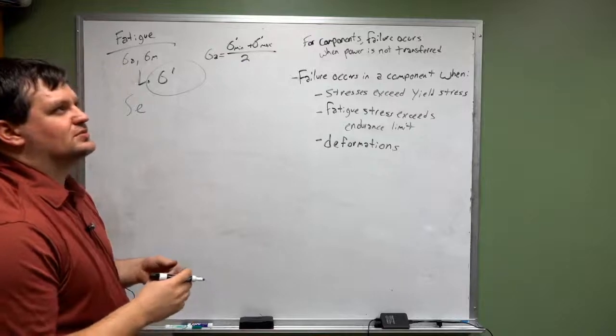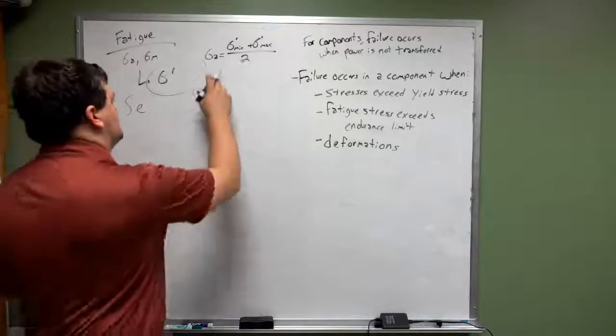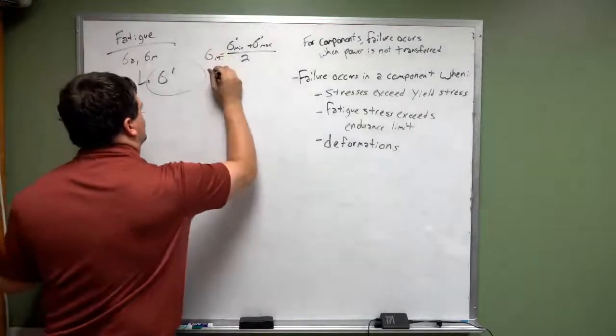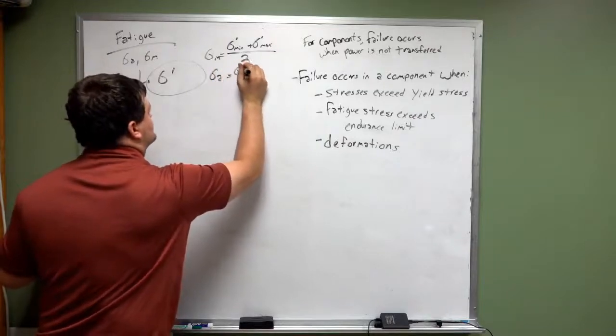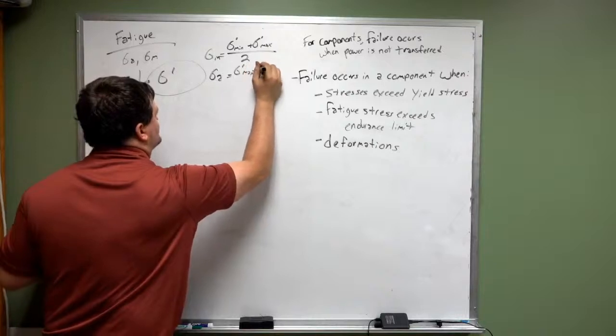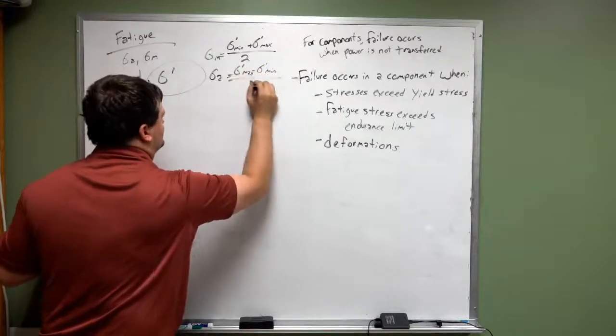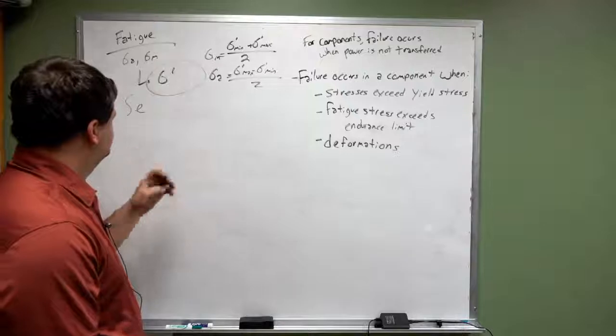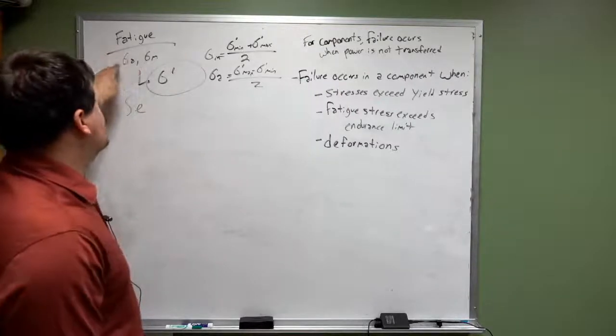I believe that's... Nope, that's sigma M, sorry. Sigma A is max minus min over 2. Okay? Use those formulas, you figure out sigma A and sigma M.